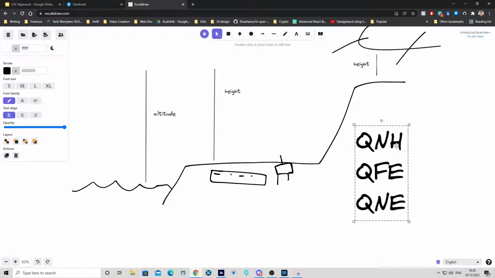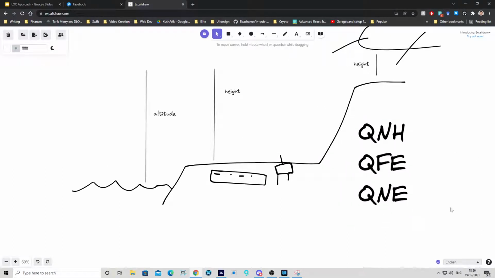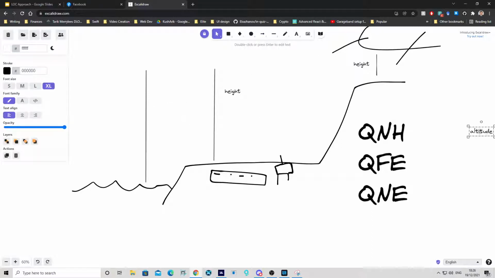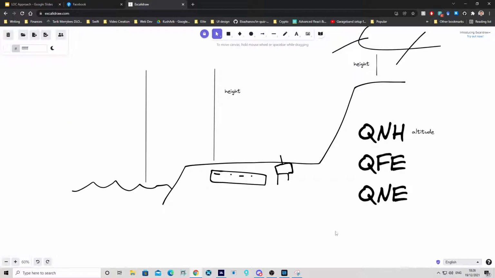What's QNH? What does QNH give us? It gives us the pressure to set the altitude, yeah. What's QFE? It's the height, I presume. Yeah, so this is important.